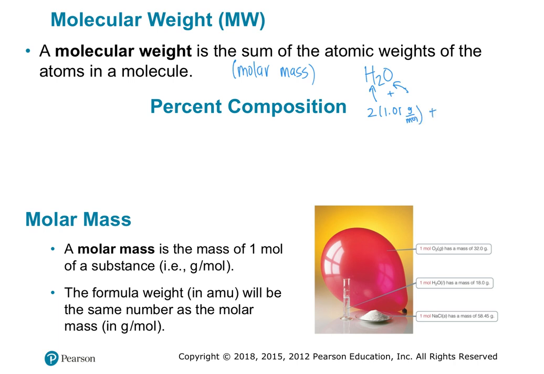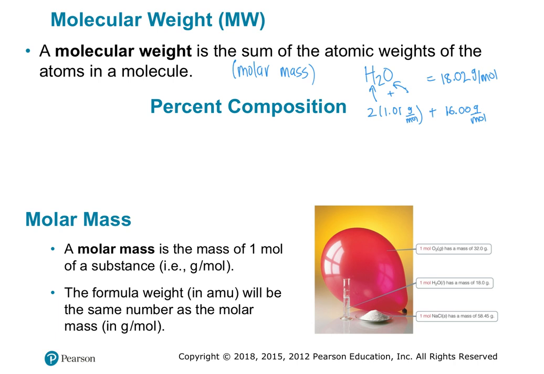And then I have an oxygen, I just have one of them, and they each weigh 16.00 grams per mole. So the molar mass of water is going to end up being 18.02 grams per mole. So we're just finding out on the periodic table how much each of these elements weighs, and then we'll add them up for the total.